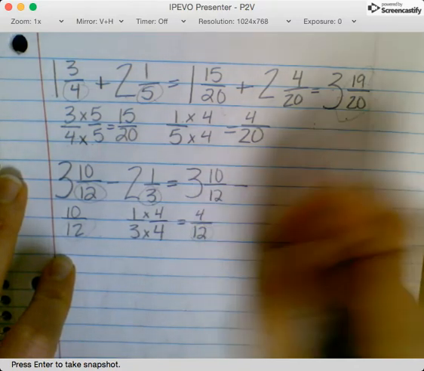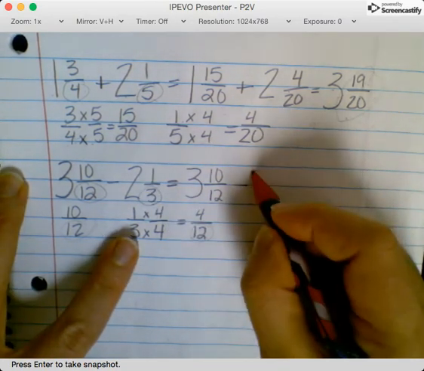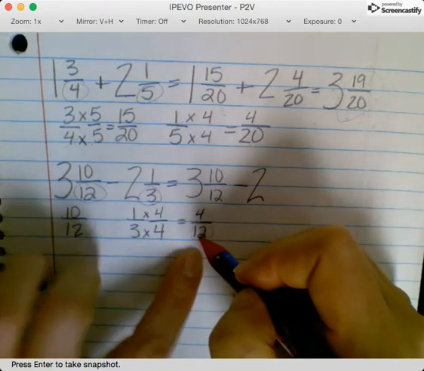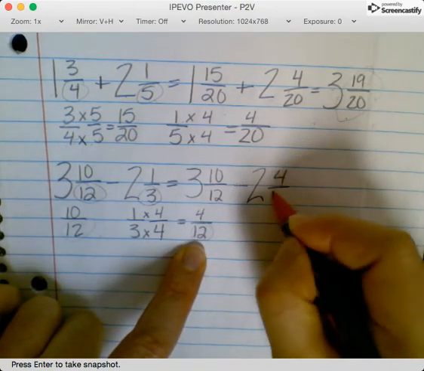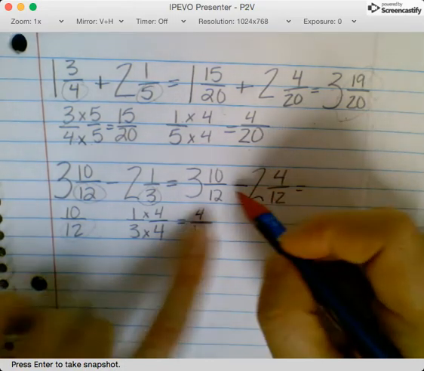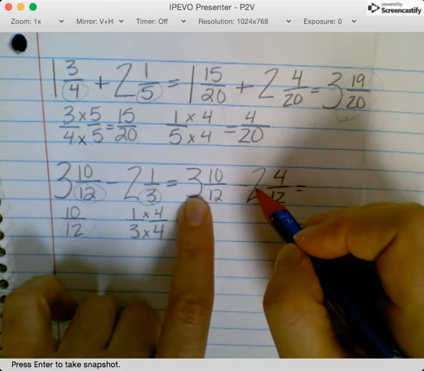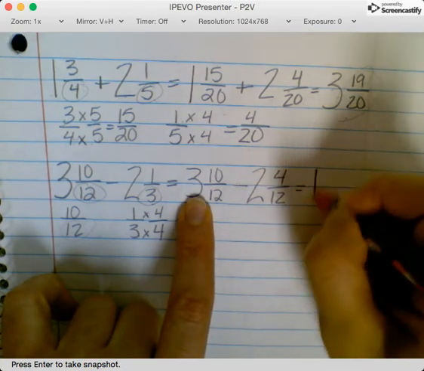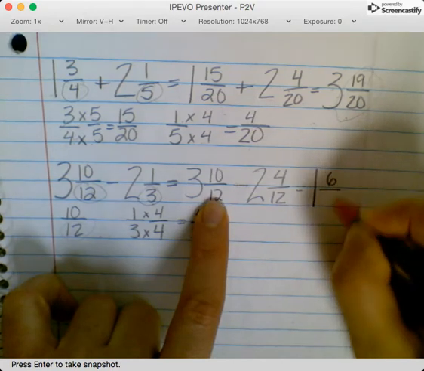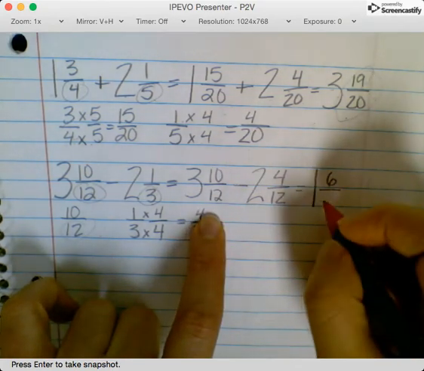Then I put in my subtraction sign. 2, my whole number stays the same, and instead of 1/3, I'm going to write 4/12. Then I just subtract. I'm going to subtract my whole number first. 3 minus 2 is 1. 10 minus 4 is 6. And my bottom number, or denominator, stays the same.